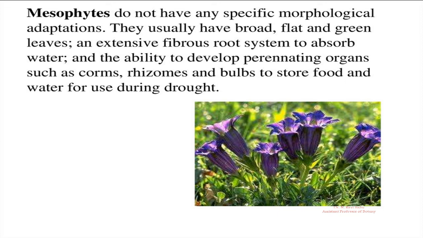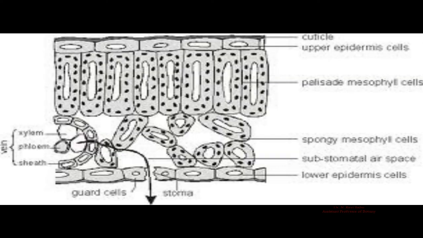Friends, I think you are observing it. While dealing with cuticle in xerophytes, it is a thick one. Whereas here in mesophytes, the cuticle, especially in aerial parts, is moderately developed. That means we have enormous scope for the process of transpiration in mesophytes when compared to xerophytes.